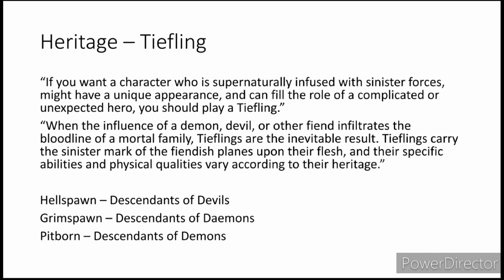This does not have to be yours specifically. You could choose other as an option. You don't have to choose one of these 3. You have Hellspawn, which are descendants of devils, Grimspawn, descendants of demons, and you have the Pit form, descendants of demons. Your demons are basically the Dungeons and Dragons Yugoloths, by the way.